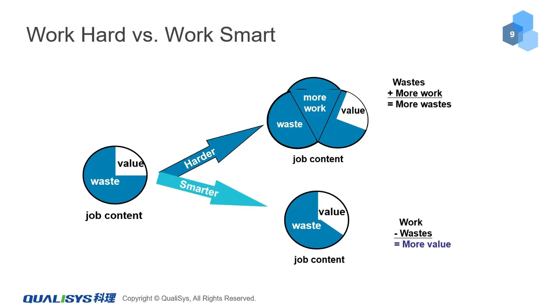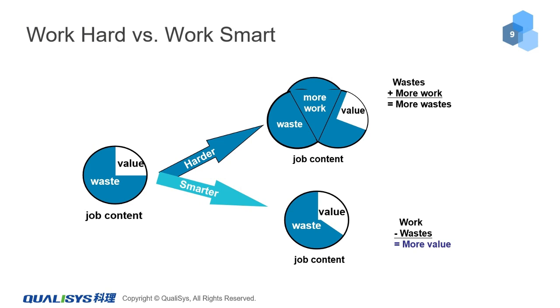Therefore, we come to a concept: shall we work hard or shall we work smart? Okay, this is an illustration. You see, in our process, we have a small portion of value-added activities, and we have a majority, the major portion of waste. So to improve this situation, there are two ways of doing it.